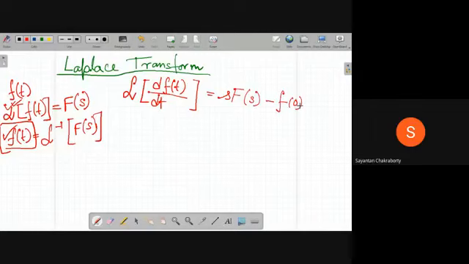This is one very important formula that you should remember, because it will be required in solving a differential equation. In the first step, you have to convert that to the Laplace domain. So this is a formula that is very important.